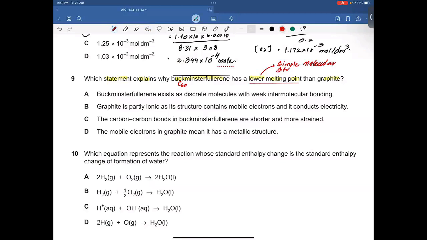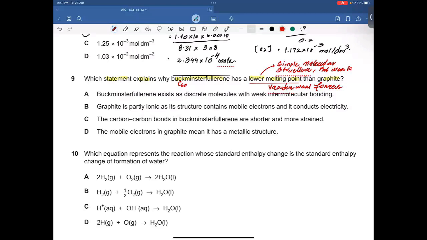If it has a simple molecular structure, obviously it exhibits weak van der Waals forces, also called intermolecular forces, also called London forces, also called London dispersion forces.